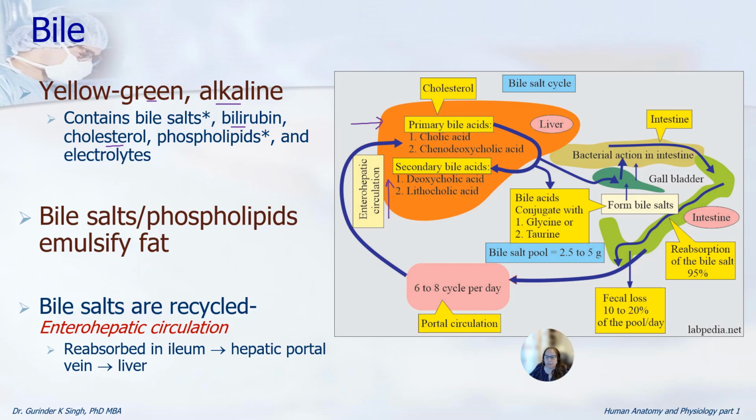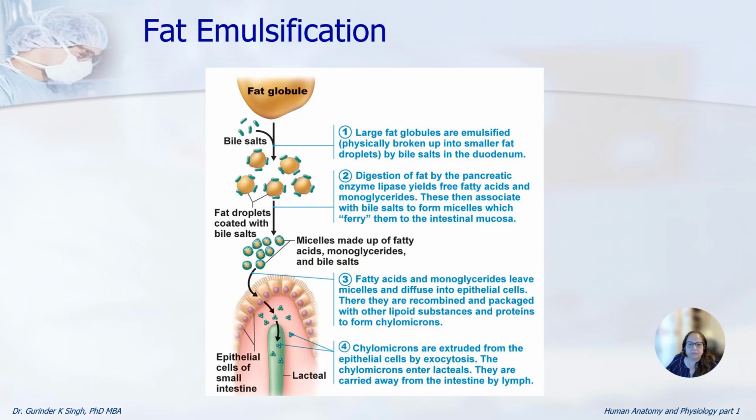Some of it is lost in the fecal process, but not much. So it is recycled in the portal system, which is the enterohepatic circulation. So it is reabsorbed in the ileum and then goes through the hepatic portal vein and through the liver. So that's how they absorb it.